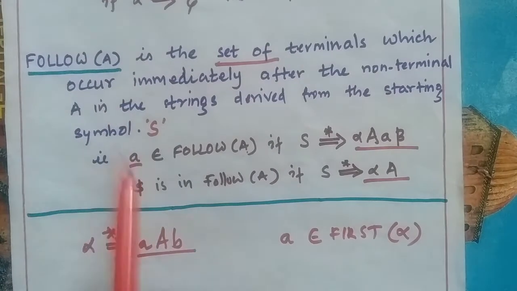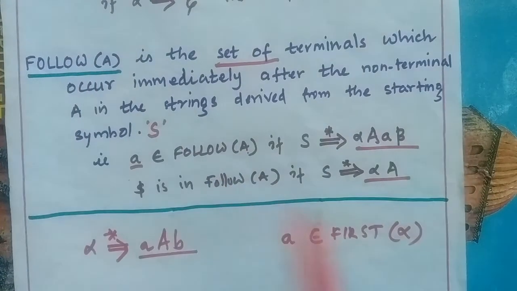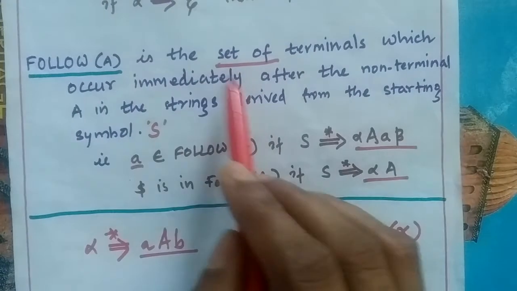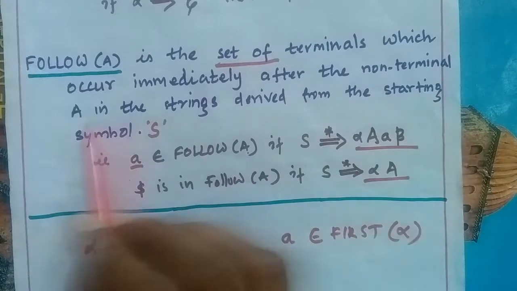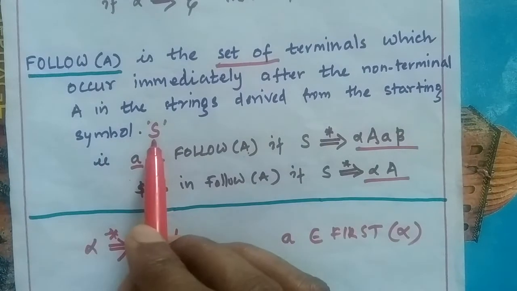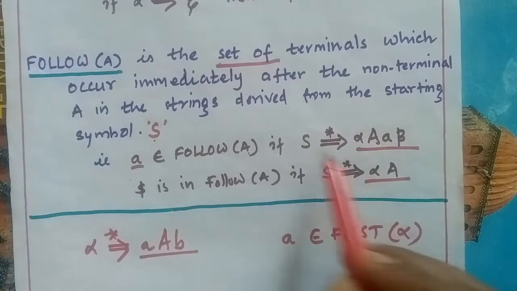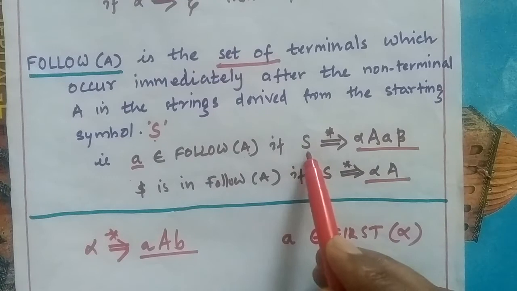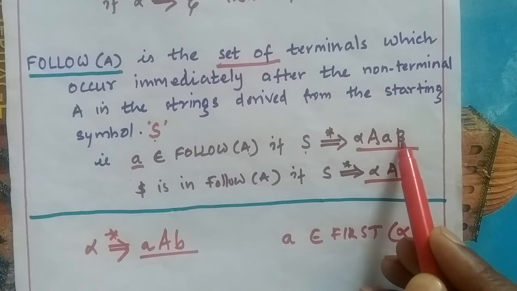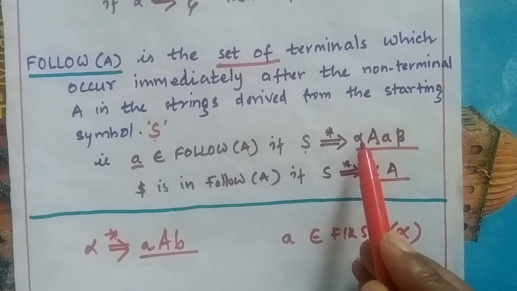Let us see. Follow of a non-terminal A, where A is a non-terminal, is a set of terminals which occur immediately after the non-terminal A in a string derived from the starting symbol S. Usually we represent the starting symbol as S. For example, S derives alpha capital A small a beta, where S is the start symbol and alpha is a string formed by using grammar symbols.